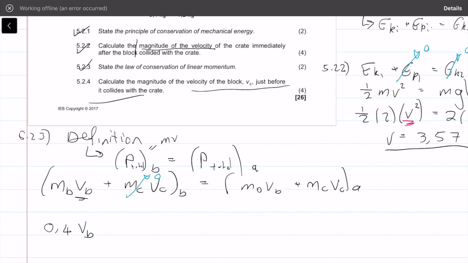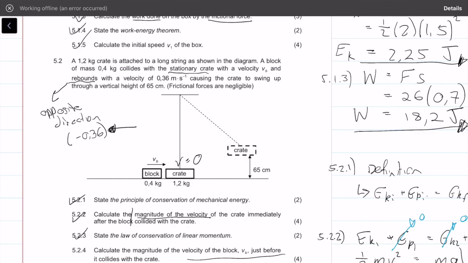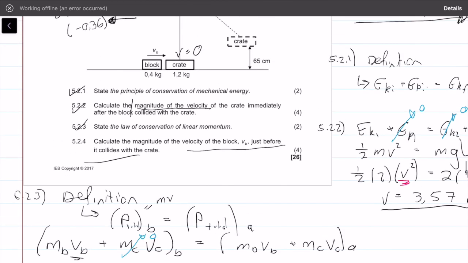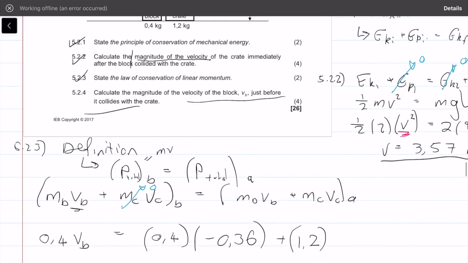So this is equal to the mass of the block, which is 0.4, times the velocity of the block after the collision, which we discussed is minus 0.36 because it rebounds, plus the mass of the crate, which was 1.2 kilograms, times the velocity of the crate, which we calculated before, 3.57 meters per second.